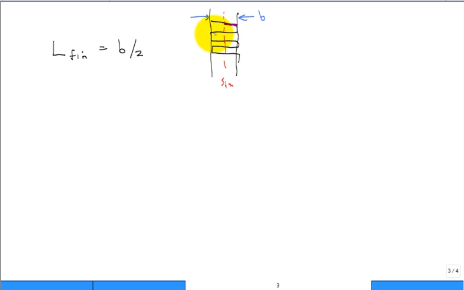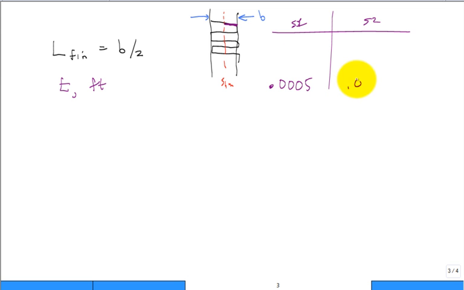All right. So we already know for side 1 and side 2 what B is. What about the thickness of the fins in feet? The thickness of those fins, reading from the chart or the illustration given, is 0.0005 foot, and then 0.00067.